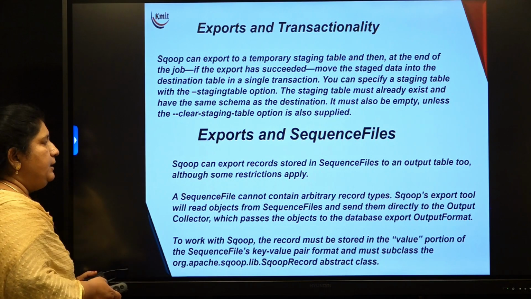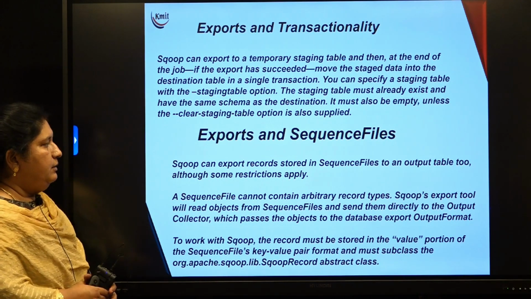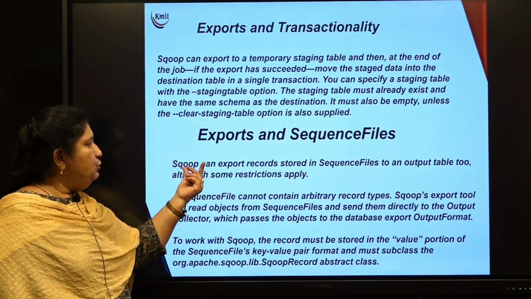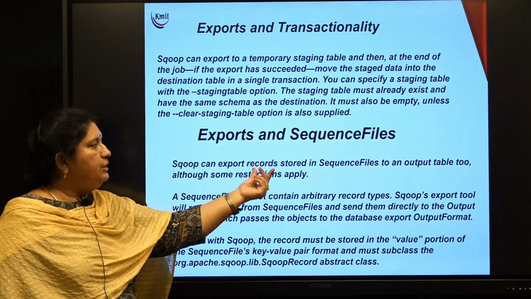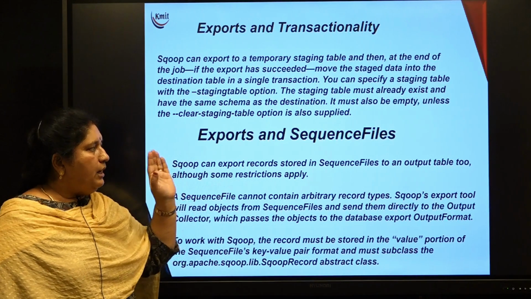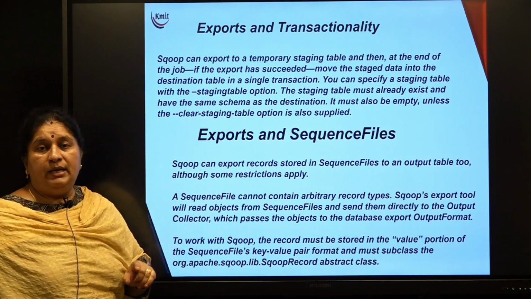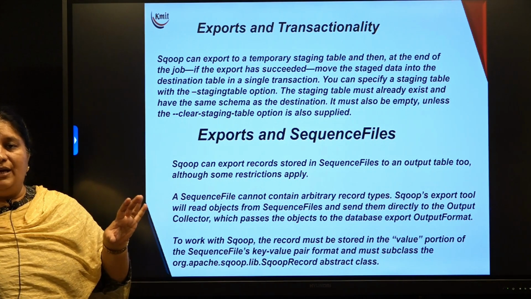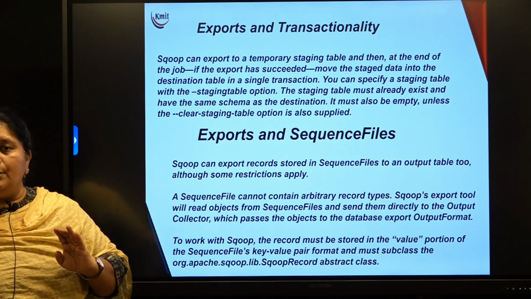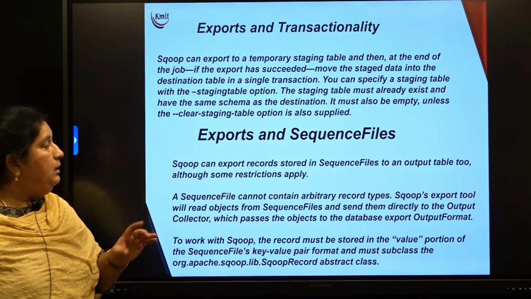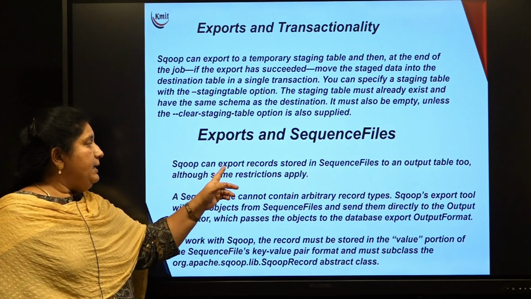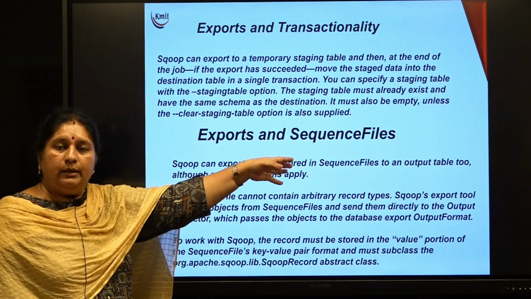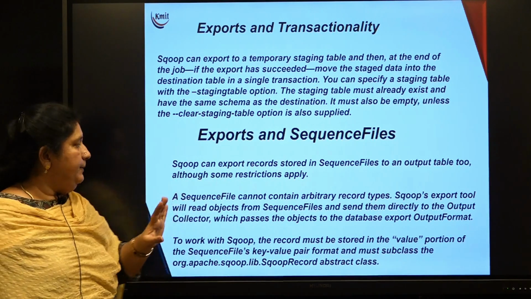And export and sequence files: whenever we are working with the export operation, Sqoop can export records stored in sequence files to an output table too. Normally whenever I was talking about export, I said that from an HDFS file you export data into a table in an RDBMS, but in reality Sqoop can export records which are stored in sequence files to a table as well.